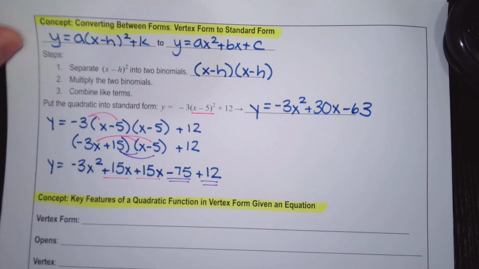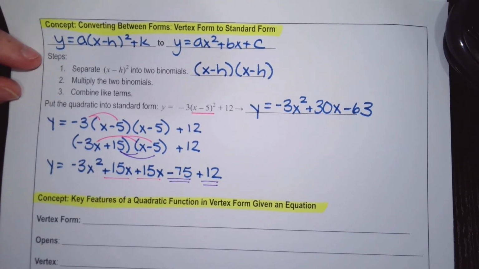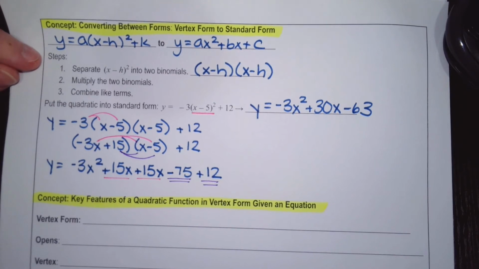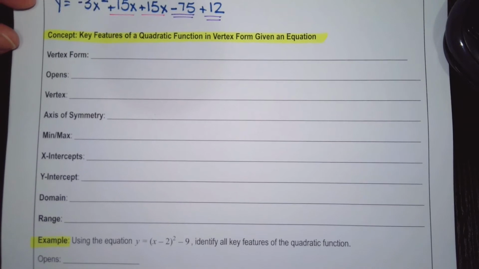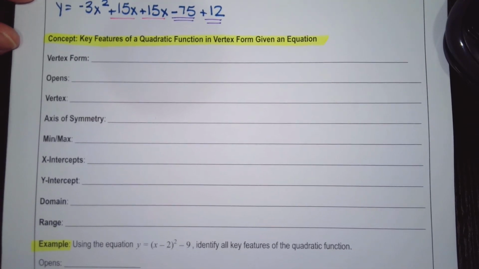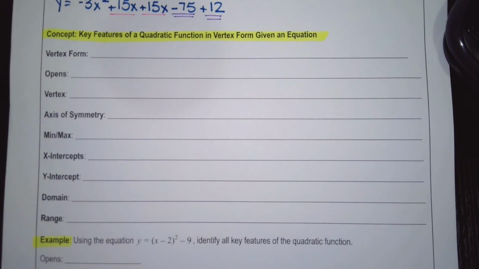All right, now the big ones, the big stuff, what we need to be able to find to be able to graph in the next lesson. Key features of a quadratic function in vertex form given an equation. So just like in standard form, we're going to find all the key features.